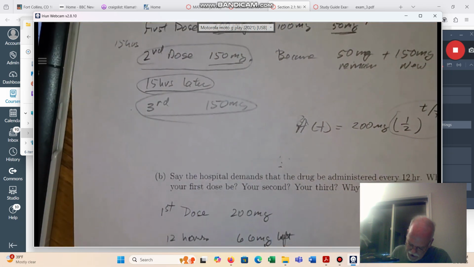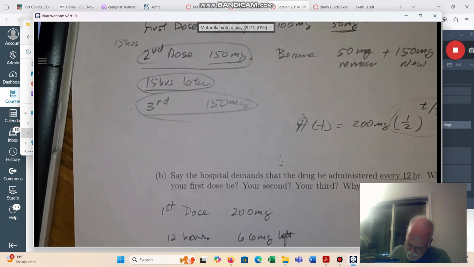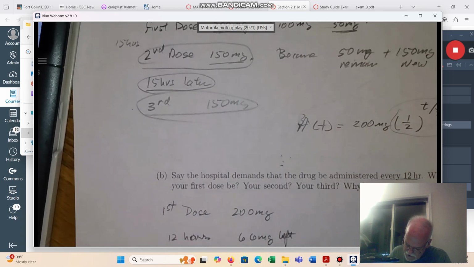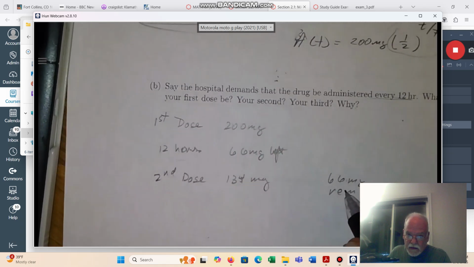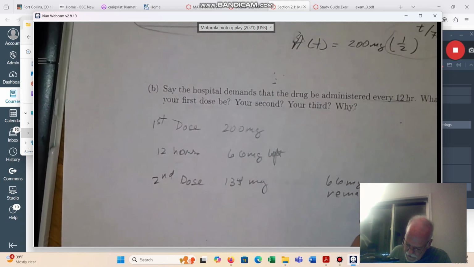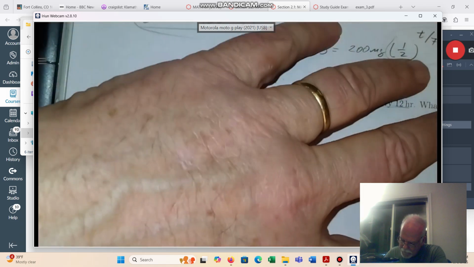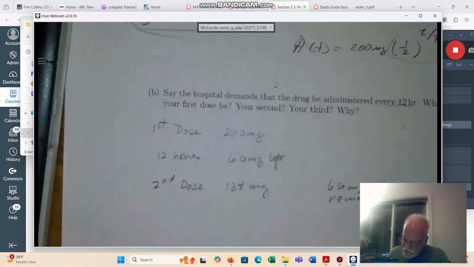So 12 hours later, the second dose would be 134 mgs. The 66 mgs remaining in the bloodstream plus the 134 mgs that I now added would bring me back up to the 200 dosage.